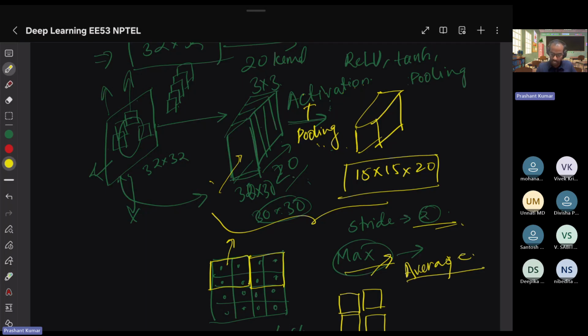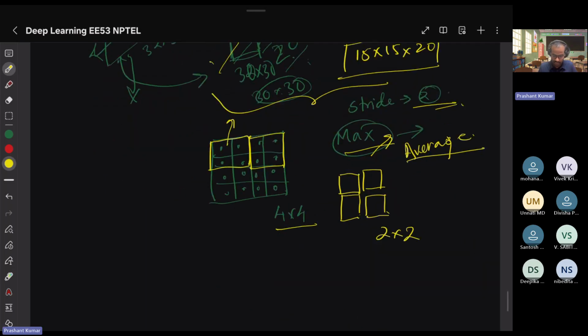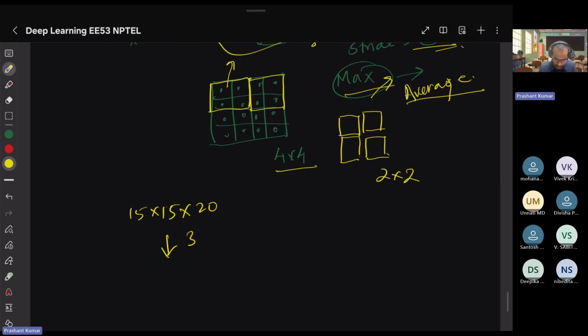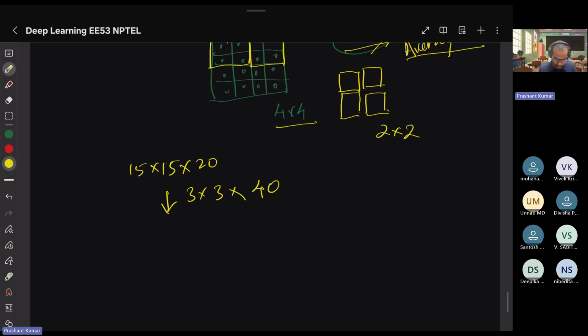And after this, you can do the same thing. Let's say this 15 by 15 cross 20, after 3 cross 3 with, let's say, 40 kernels, will become 13 cross 13 into 40.